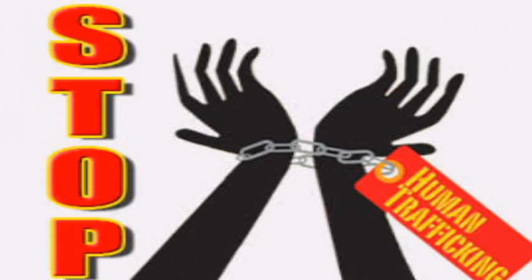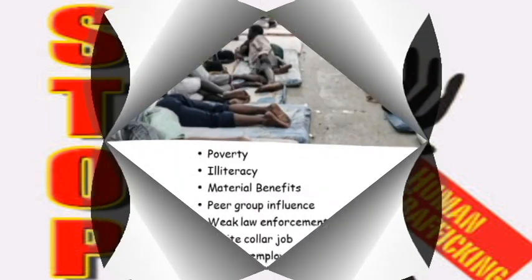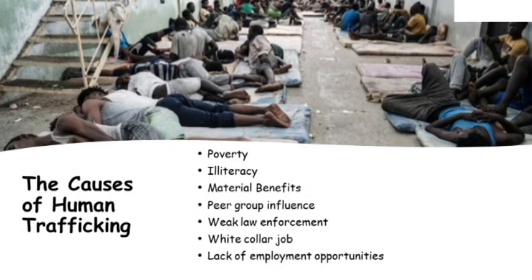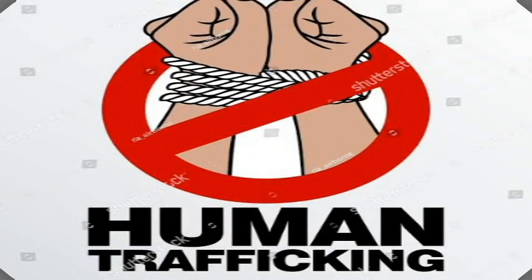The next one is material benefits. There are a lot of people who are not contented with their position and what they have in life, so they always want more, and this kind of people are easy targets of the traffickers. They are easily persuaded by the human traffickers. The next one is peer group influence.